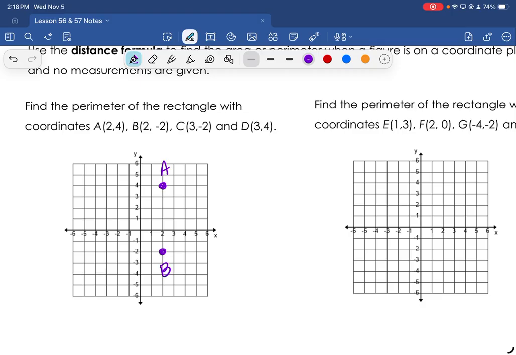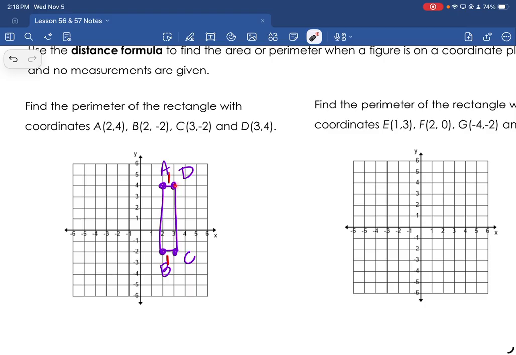C is 3, -2, so there's C. And D is 3, 4, so there's D. And then I'm going to connect these to make a rectangle. And they're asking us for the perimeter. Well, this is 1 unit, 1 unit.